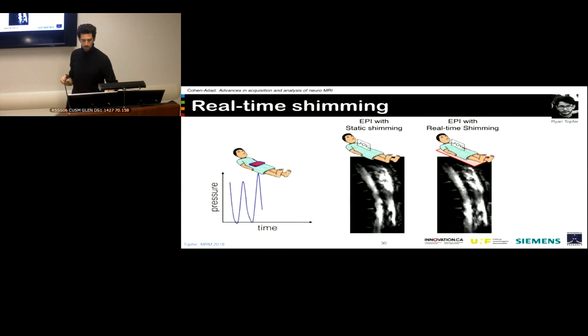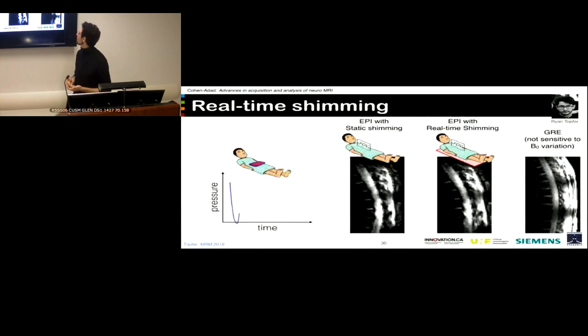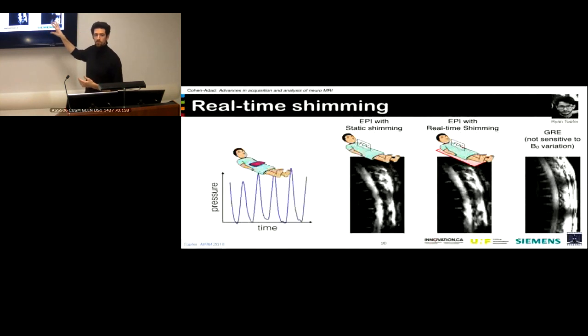And I told you that I would prove that the motion is not due to a physical motion of the person. We also acquired fast GREs, which are less sensitive to those susceptibility effects. And you can see that while the person is breathing, there is no apparent motion of the body.